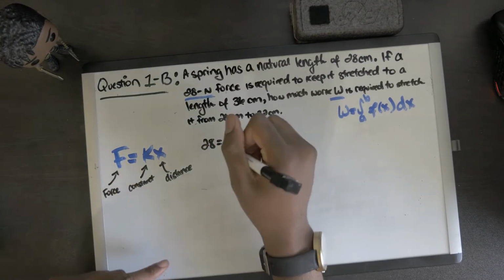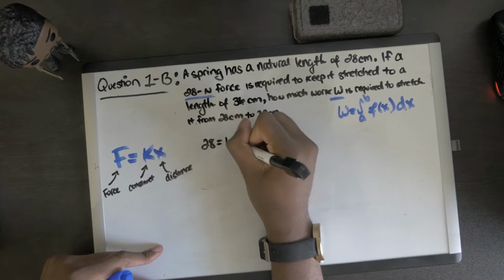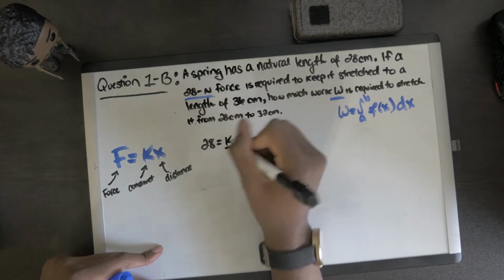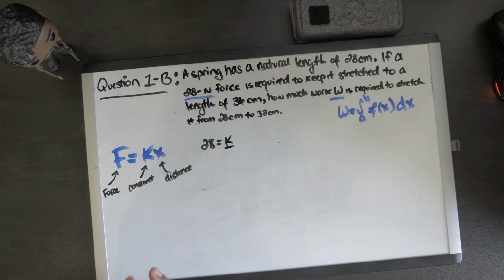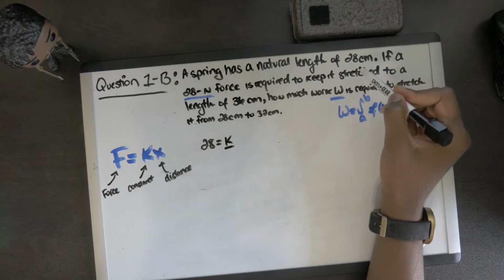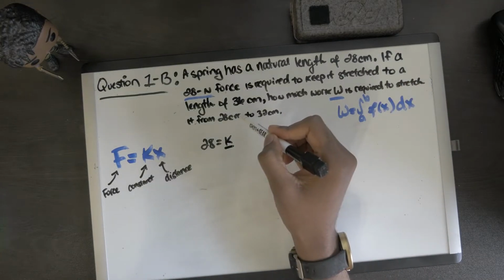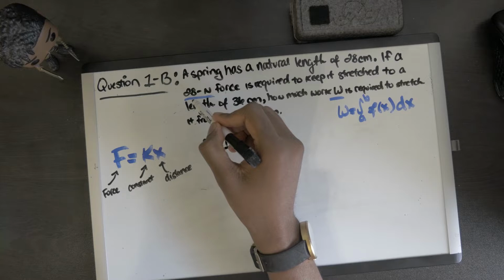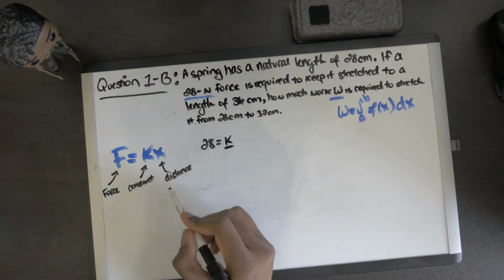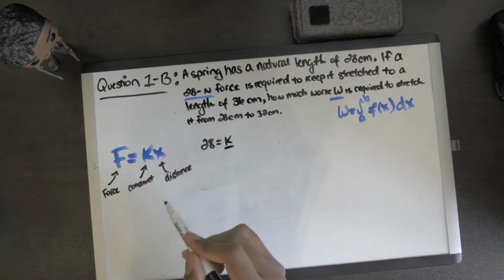Now, we have K, which is the constant, but also the distance. The distance is where we're going to have to get a little crafty. We know the distance from 28 to 36 requires 28 newtons of force. So, if x equals the distance, how about we plug that in?